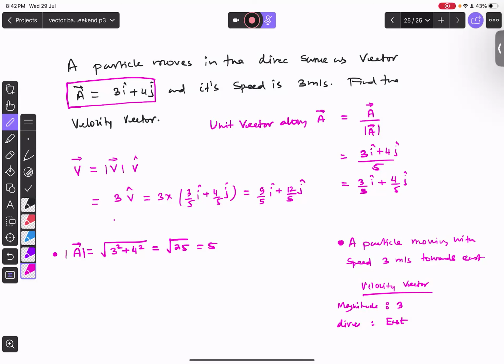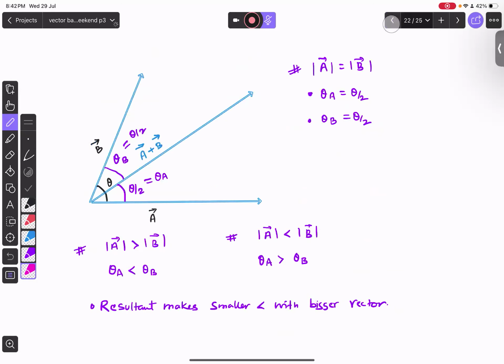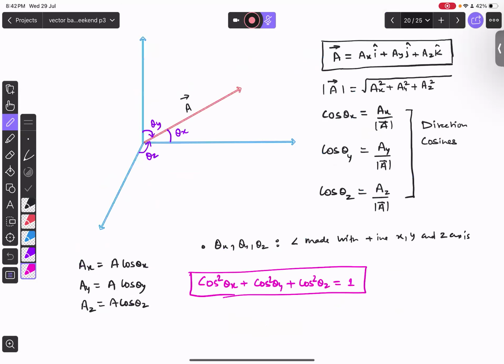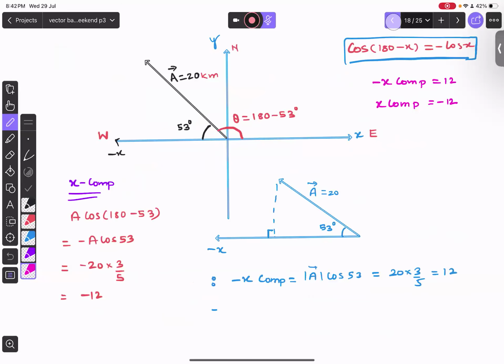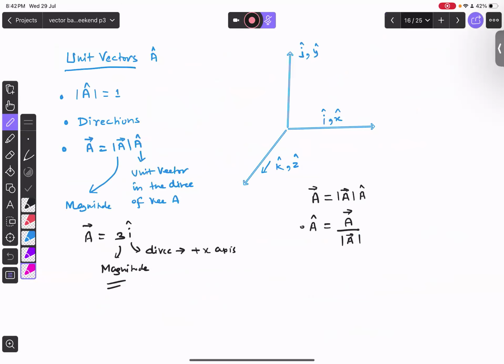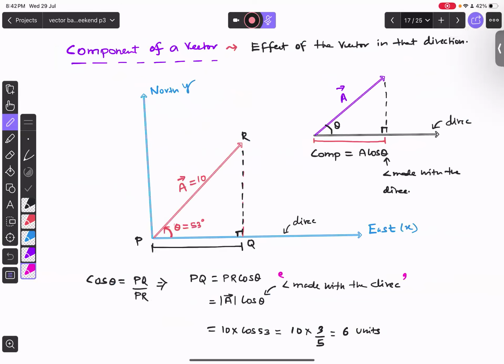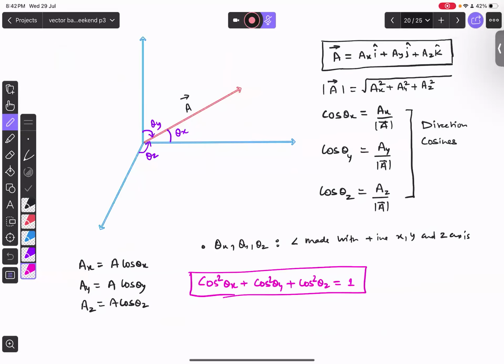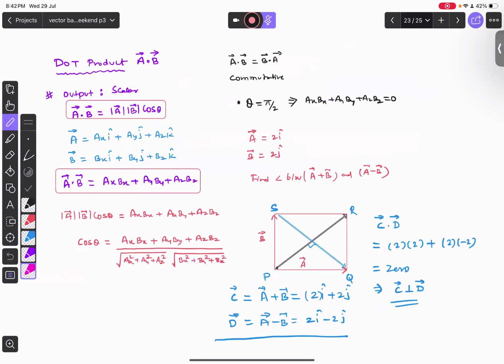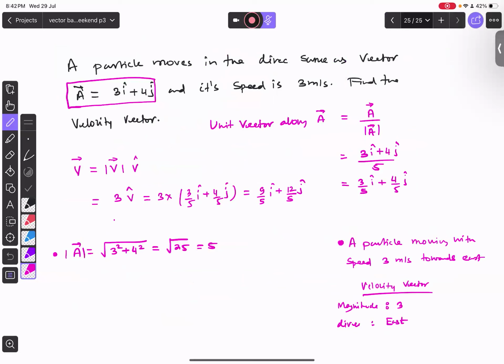This much vectors knowledge is enough for doing physics. I have not told cross product because it is not going to come into use very soon. Whenever it does, I will discuss cross product in class itself. Dot product will come into use, so I have told you.